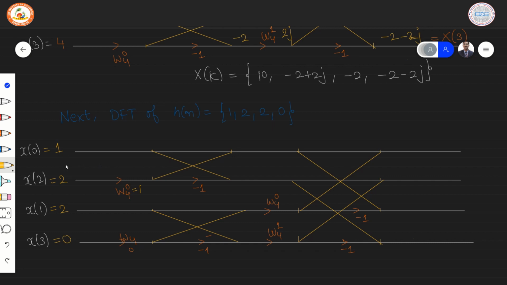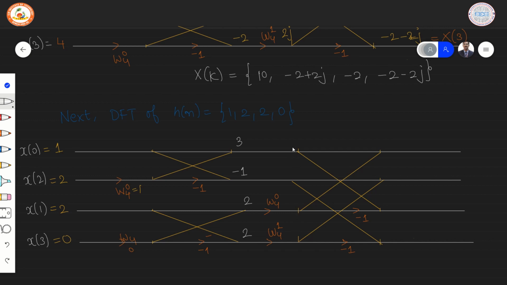We find the sum and difference. The sum is equal to 1 plus 2 is 3. The difference 1 minus 2 will be minus 1. The sum of 2 and 0 is 2. The difference is also 2.